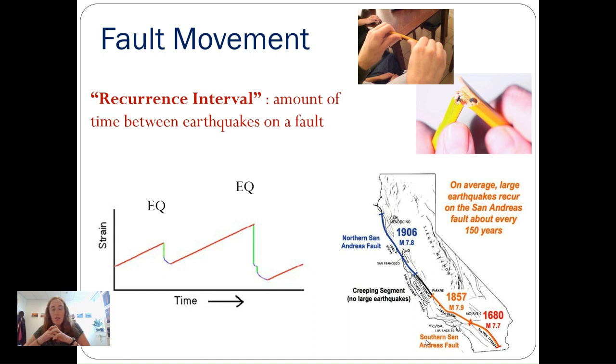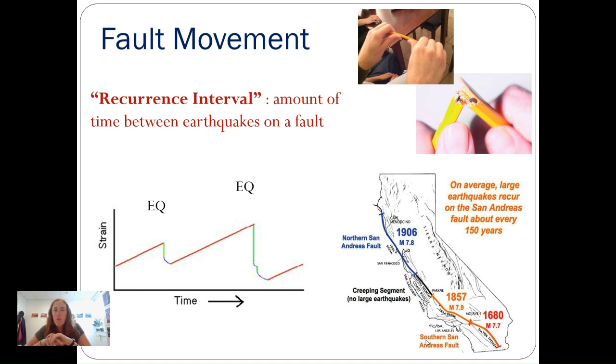So for example, let's say you have a recurrence interval of 100 years for an earthquake. That means that you expect an earthquake to happen on average every 100 years. It wouldn't be 100 years exactly. It could be 50, it could be 200, but on average, you have an earthquake every 100 years. So that's what we call the recurrence interval.